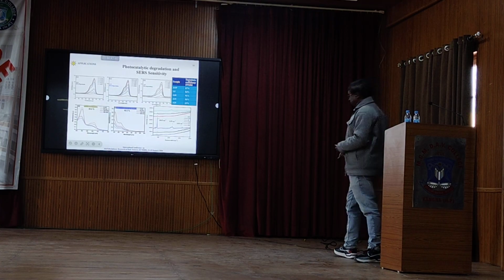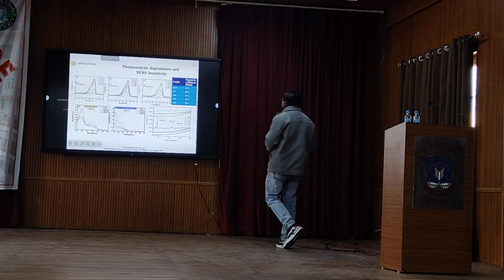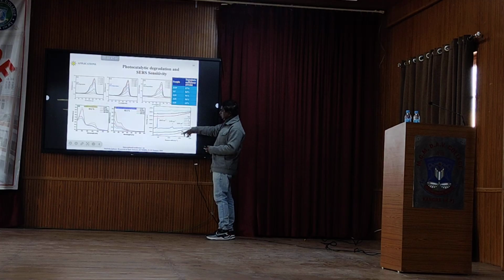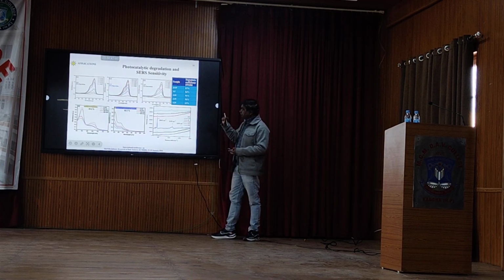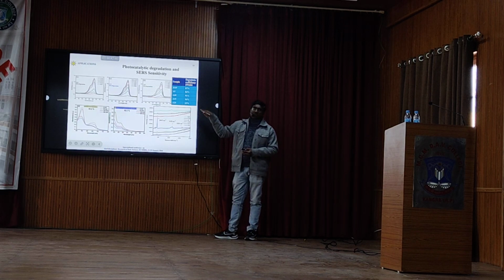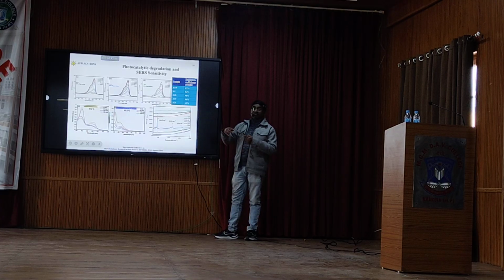And we did SERS also. You can see SERS for different combinations, and at least one combination shows better result peaks, meaning better identification of those organic molecules from a sensing point of view.